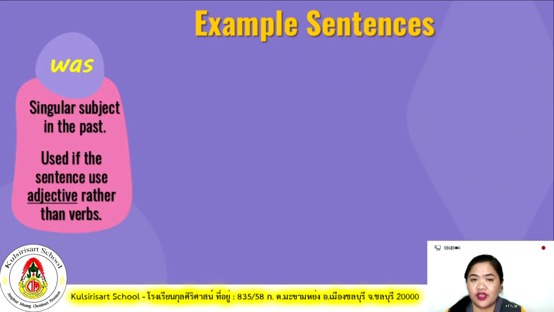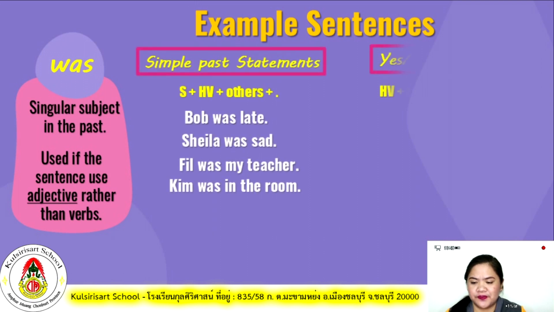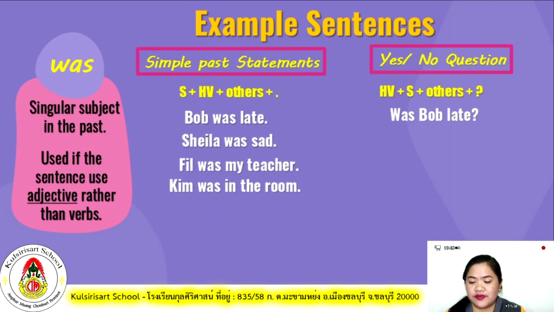Next, was. We have here, was Bob late? Okay, Bob was late. We have was because here it is an adjective. Here it is an adjective, and here it is an adverb of place. So was Bob late? Sheila was sad.